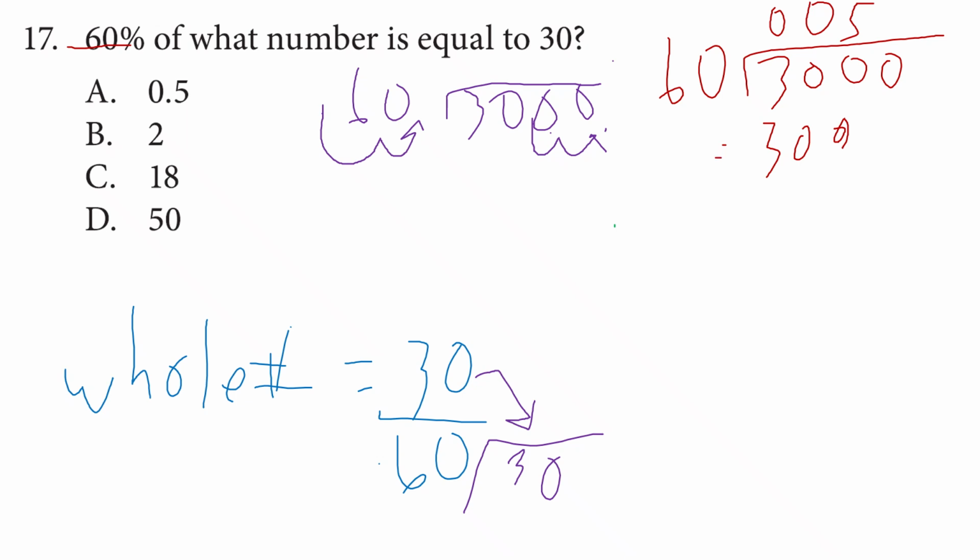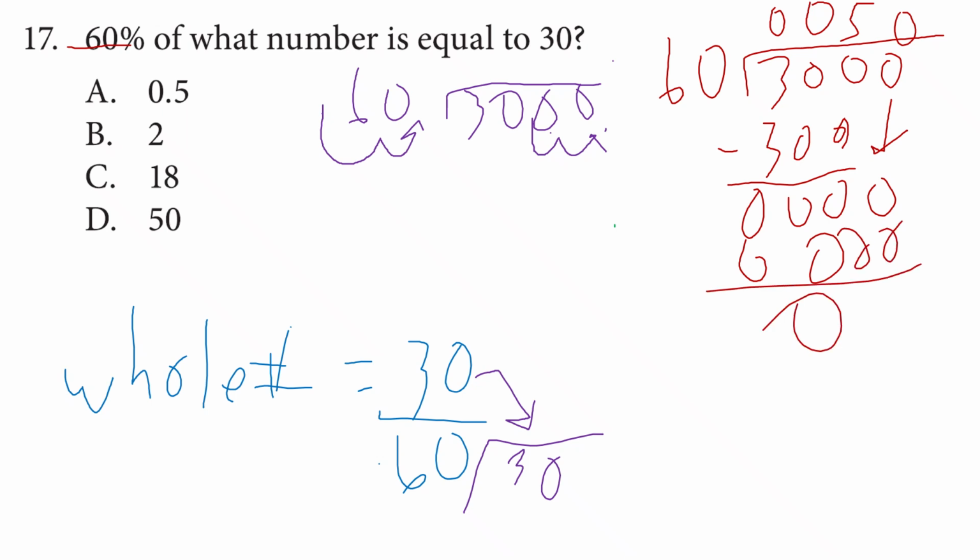We subtract 300 from 300. And that gives 0, 0, 0. We bring the 0 down. 60 goes into 0, 0 times, and that just zeroes us out. So our answer is D.